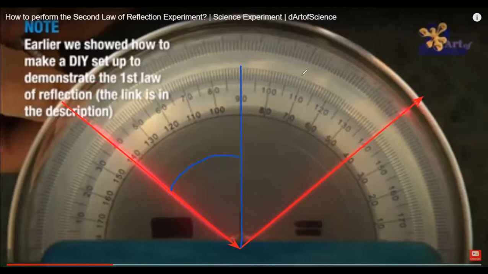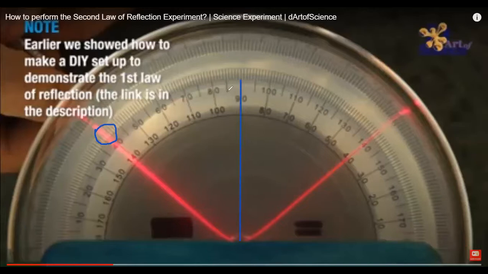Here in the original, what is the angle here? Tell me. All of you can see that one, no? What is the angle here? 40 degree.